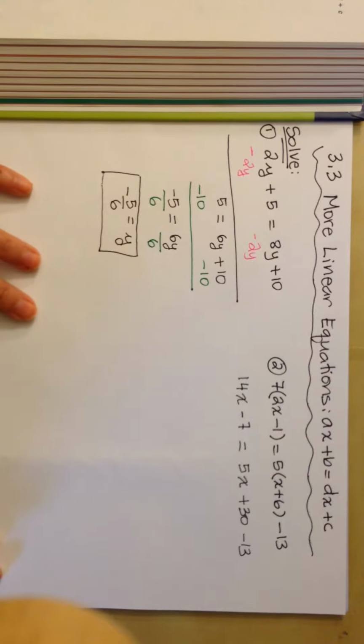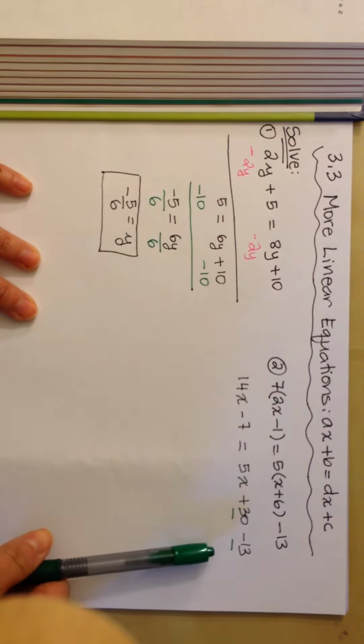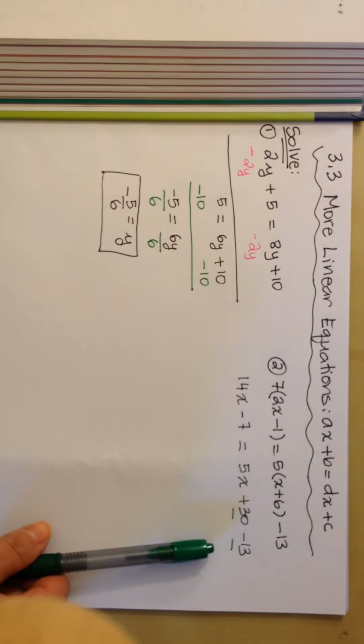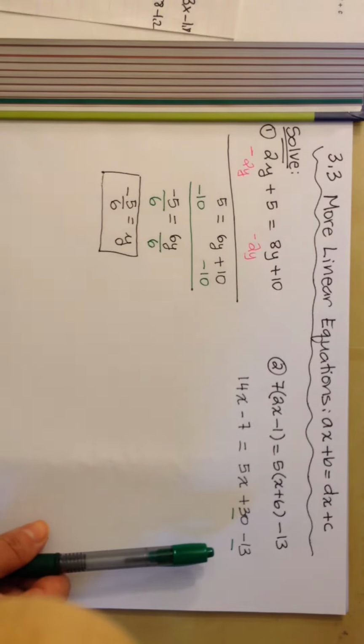Next, when we're solving equations, if you notice like terms on either side of your equation, you want to combine your like terms first before you do anything else. Over here, I noticed that we have 30 minus 13. Those are like terms. So what we want to do is combine those first. And then once those are combined, we'll be able to continue.